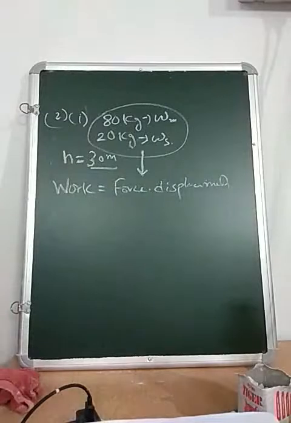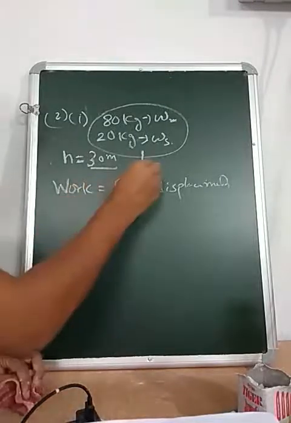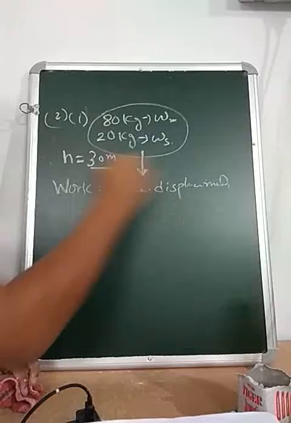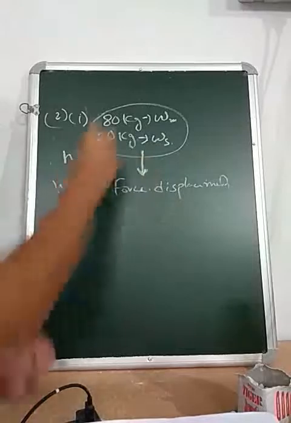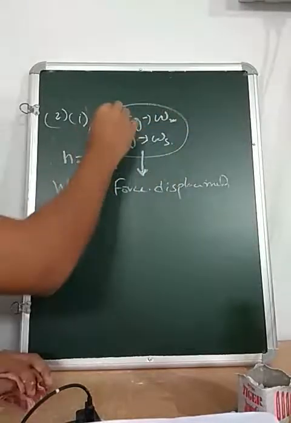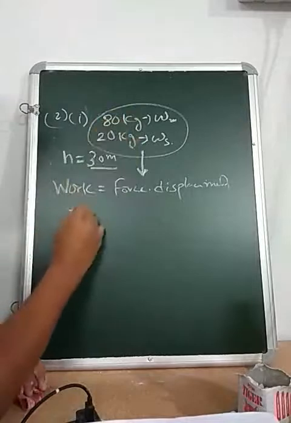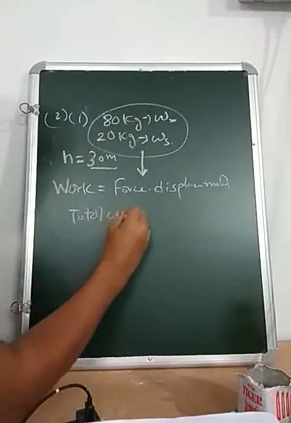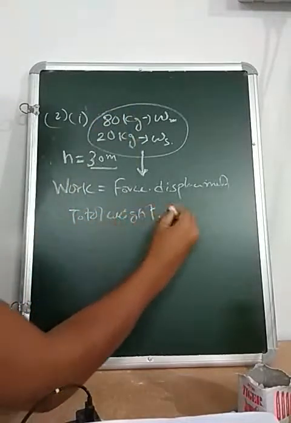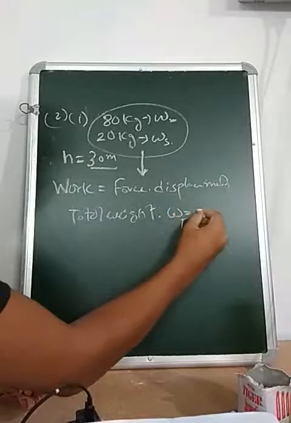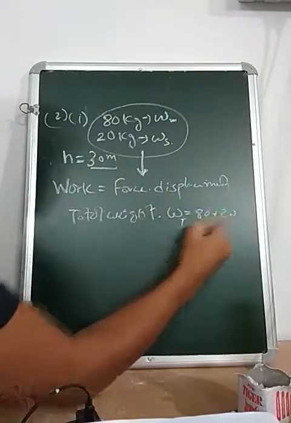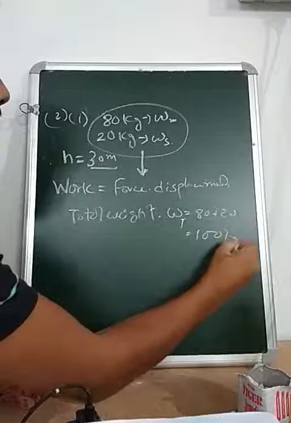So what will be the gravitational force acting on this system? What will be the total weight of the man and the stone? Total weight Wt is equal to 80 plus 20 is equal to 100 kg.